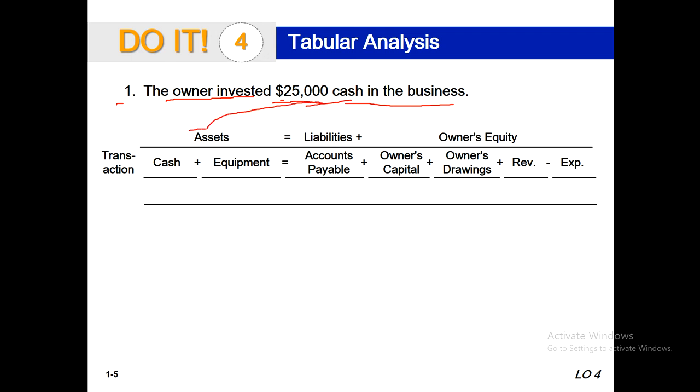On the asset side, our cash will be increased, and for this investor, owner's equity, that means owner's capital, will be increased. That means in this equation, asset equals liability plus owner's equity, both sides will be affected, cash and owner's capital.